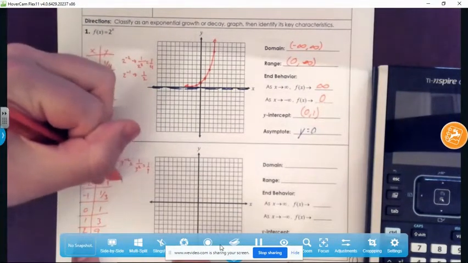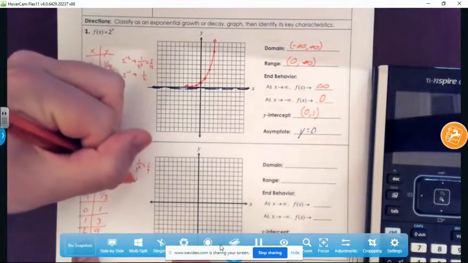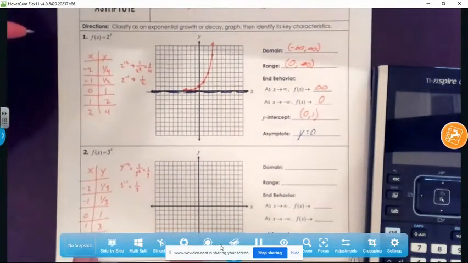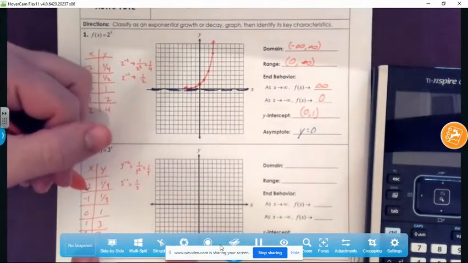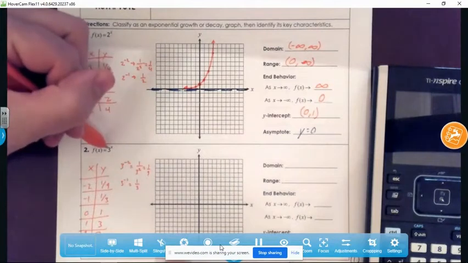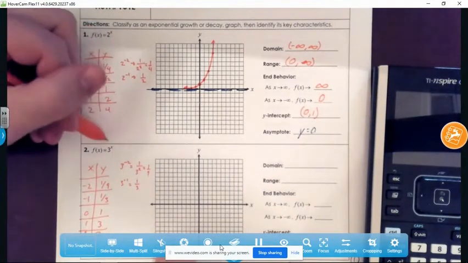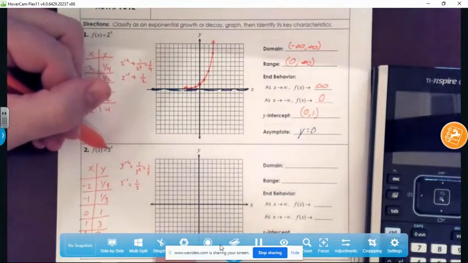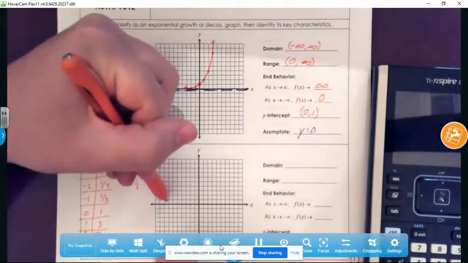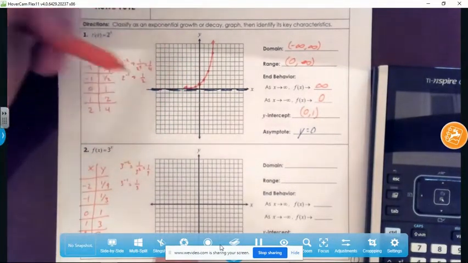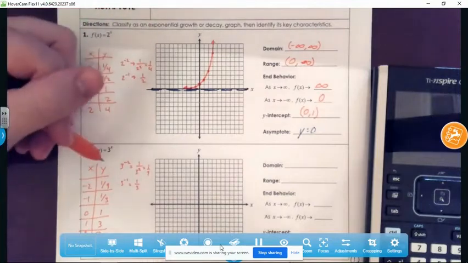Same thing with 3 to the negative 1 is 1 over 3. And that's where I got those two numbers right here. This is a growth graph. And we see that if the base is increasing, like here it's 2, here it's 3, even if it increases by a little bit, the graph will increase even faster than the graph that we saw before. So this is a growth.